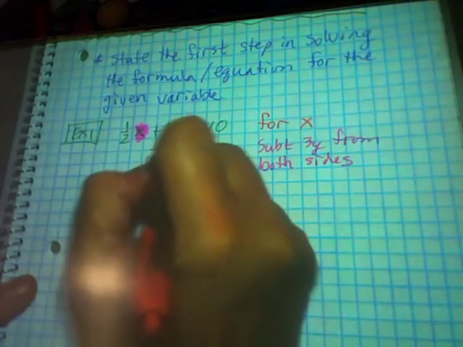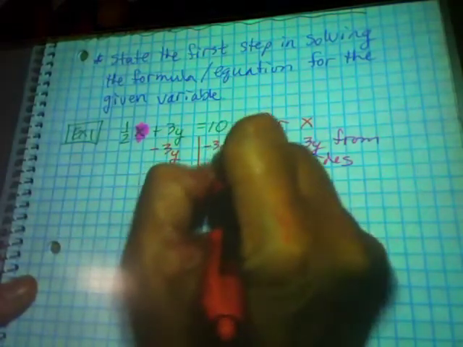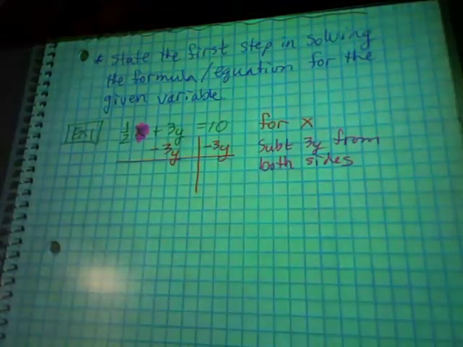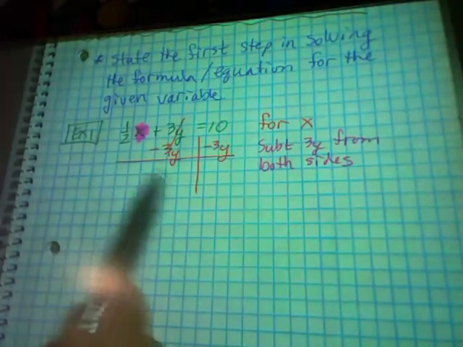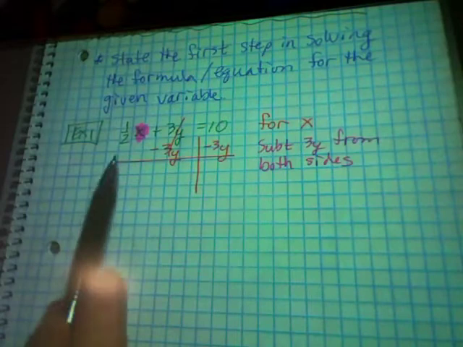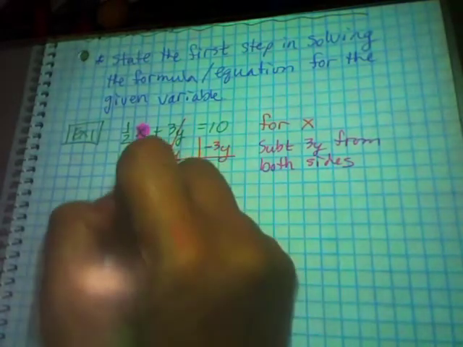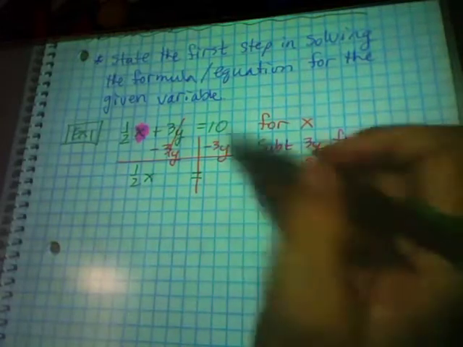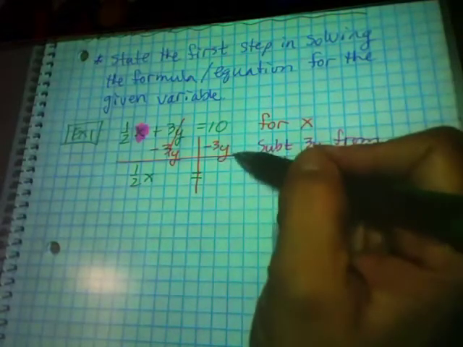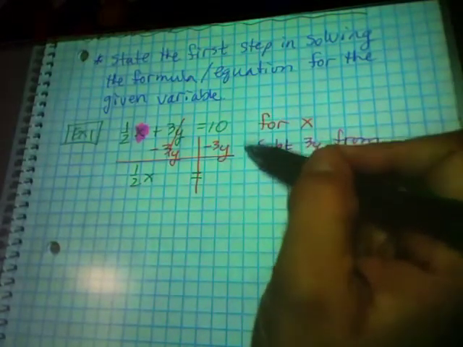So if I were to subtract 3y from both sides, I would have to show it to both sides. And then the 3y's cancel. What am I left with on the left? Yeah, that's the only thing left. So I have 1/2 x. The equal sign doesn't go away. And then are these like terms? Do they both have a y? No. So I can't combine them.